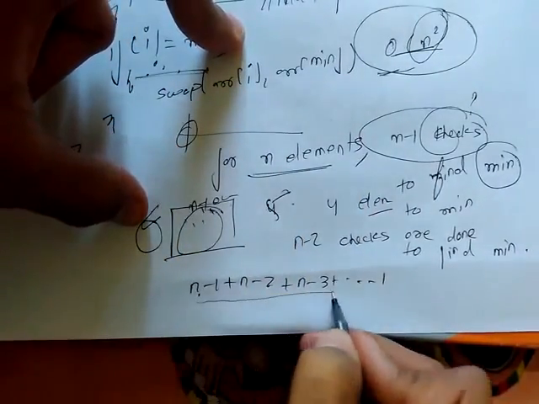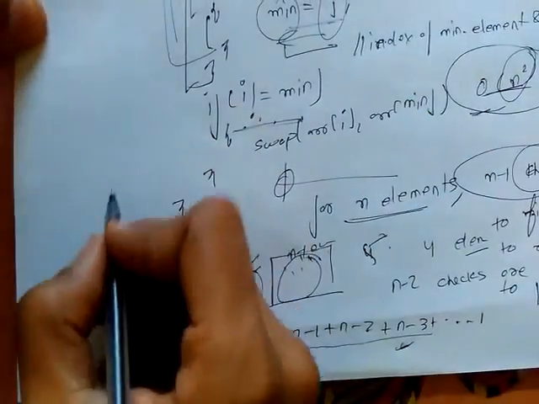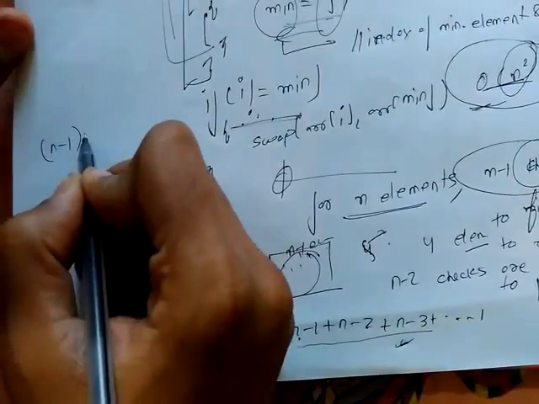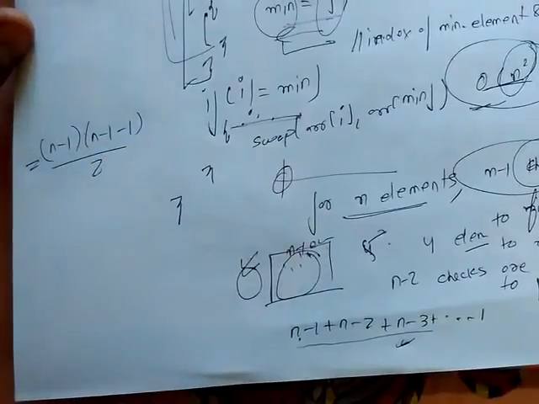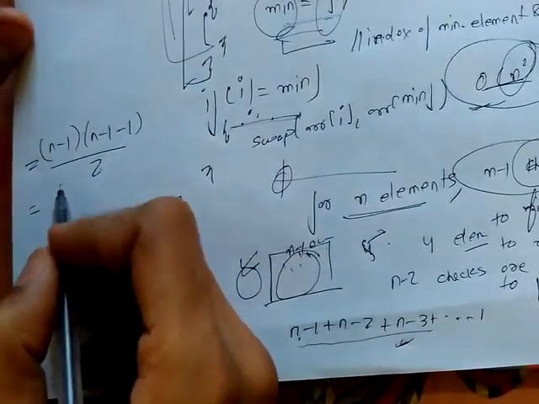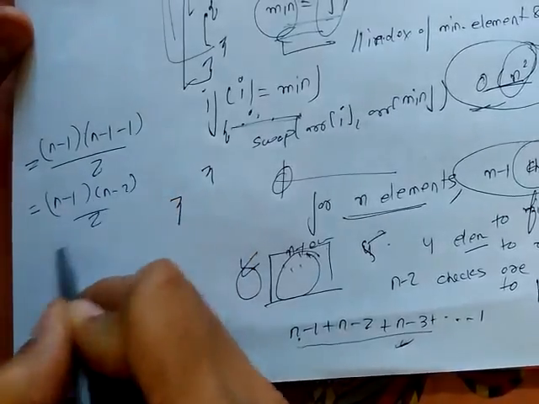And this is an AP. We can see that. And how will it be calculated? n minus 1 into n minus 1 minus 1 upon 2. We know the Sn formula, if we have a common difference of 1, it will be n minus 1 into n minus 2 by 2.